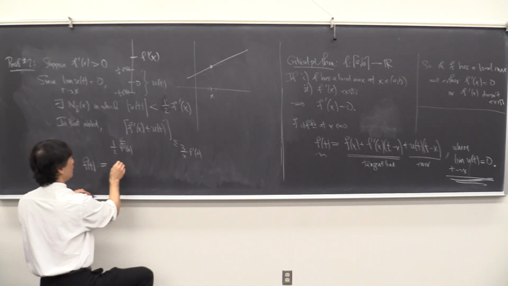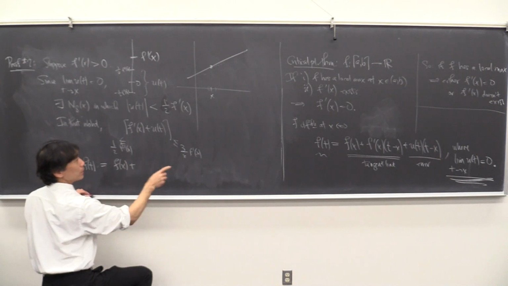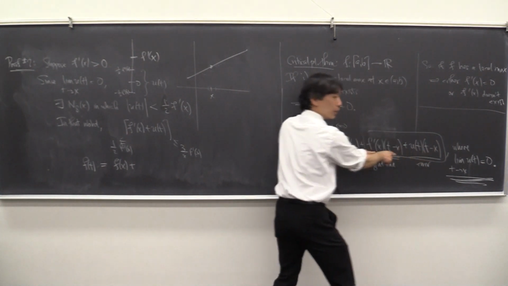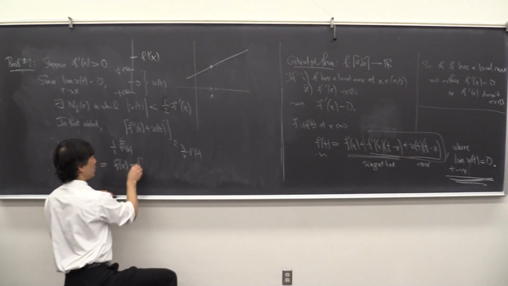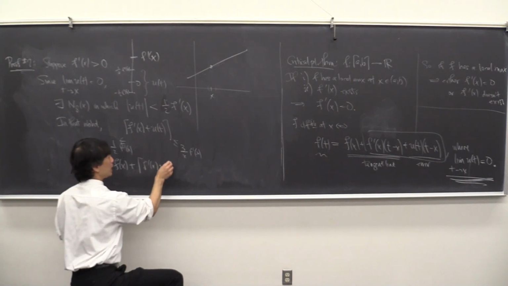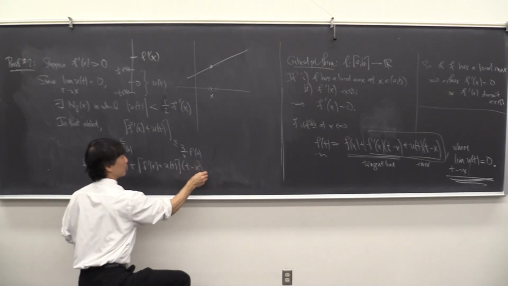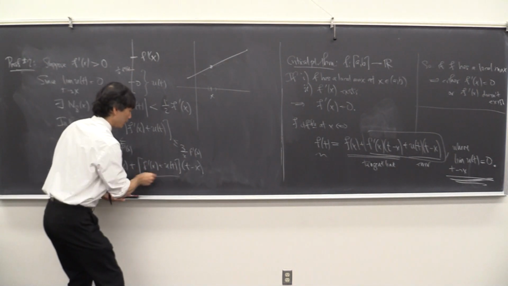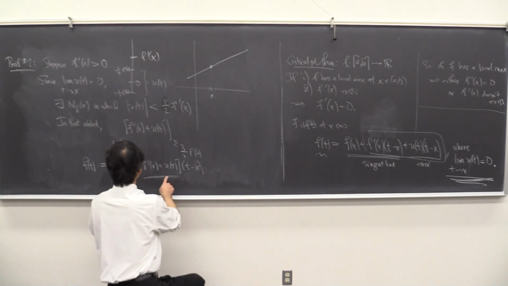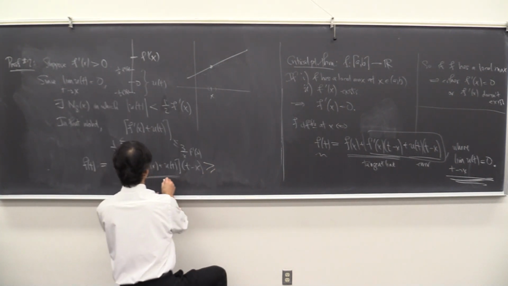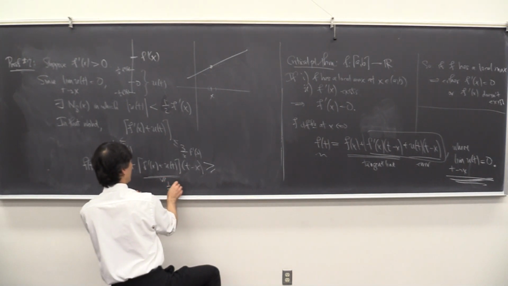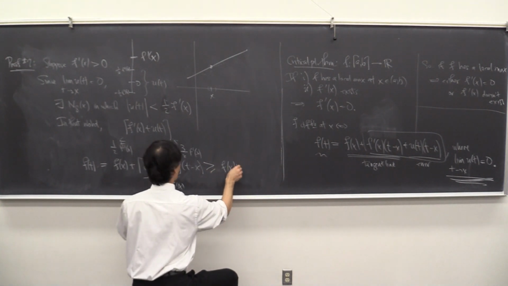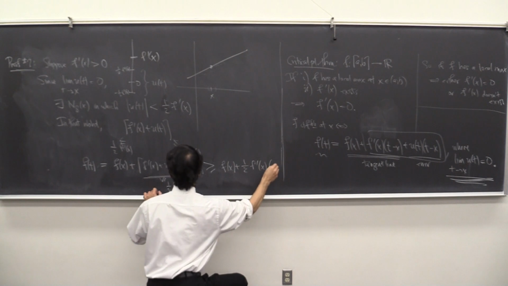We know that f of t equals, I'm just going to put these two terms together, distributing out the t minus x. That thing is equal to f of x plus f prime x plus u of t times t minus x. And we know that this thing here is bigger than 1/2 f prime x. So f of t is bigger than f of x plus 1/2 f prime x times t minus x.